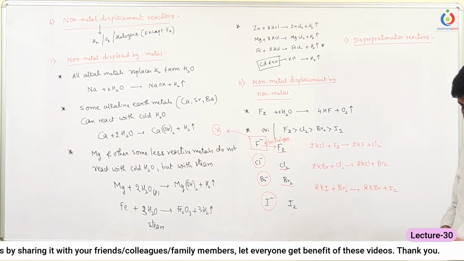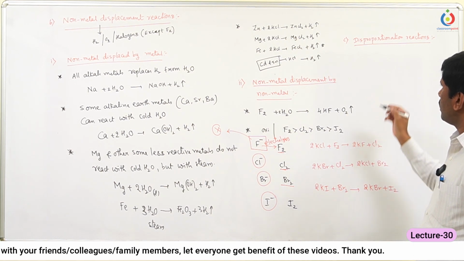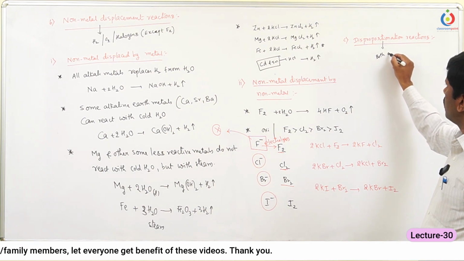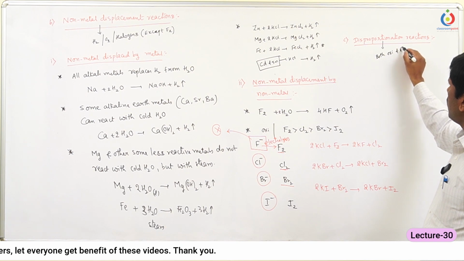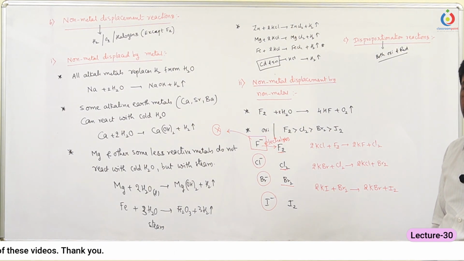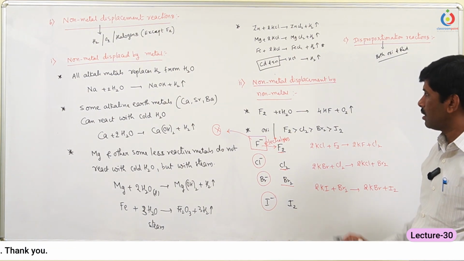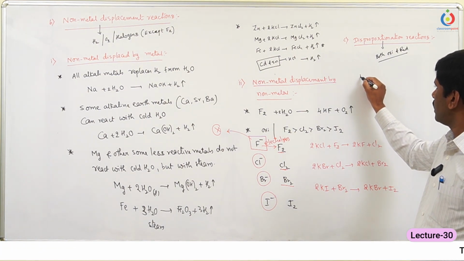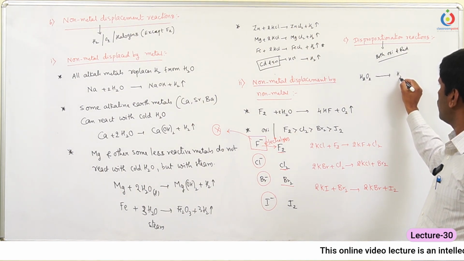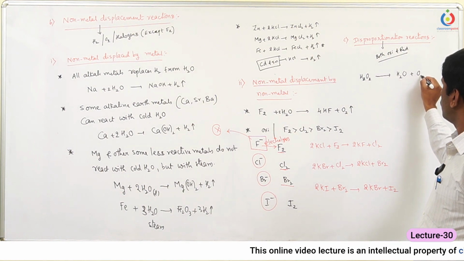Disproportionation reactions means if an element undergoes both oxidation and reduction, then such reactions are called disproportionation reactions. For example, let us take H2O2 converts into H2O plus O2.